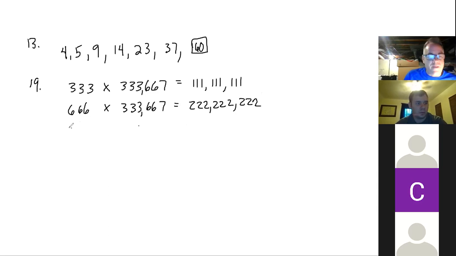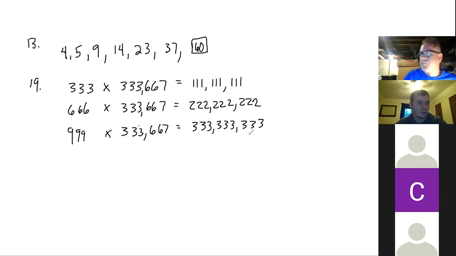It gives you a third line, 999 times that same number, 333,667. And we would probably inductively predict that it's going to be this. Okay. And it gives you a fourth line. And times, you guessed it, 333,667.